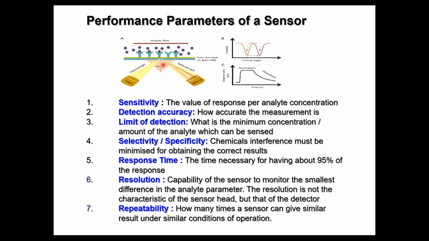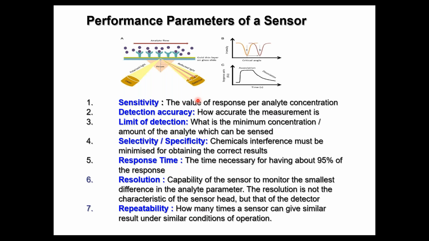So in that sense, the sensitivity is the value of the response per analyte concentration, how responsive the device is. My point is that sensitivity should not be confused with how sensitive the device is.